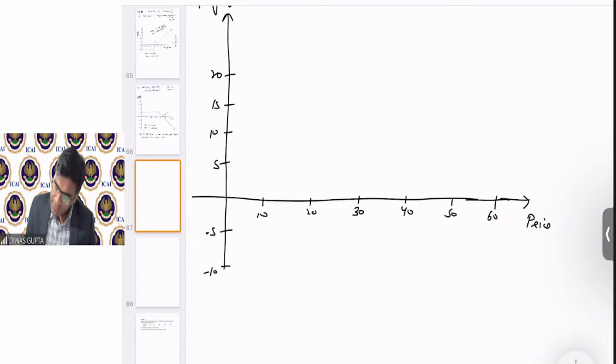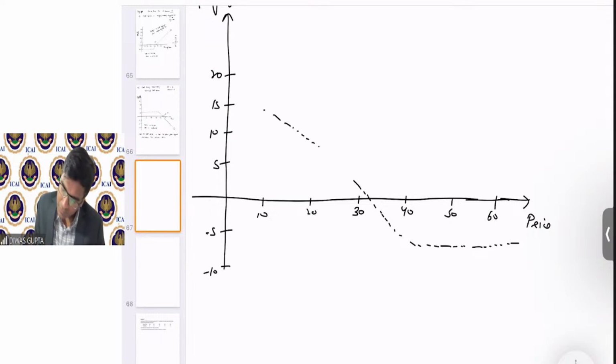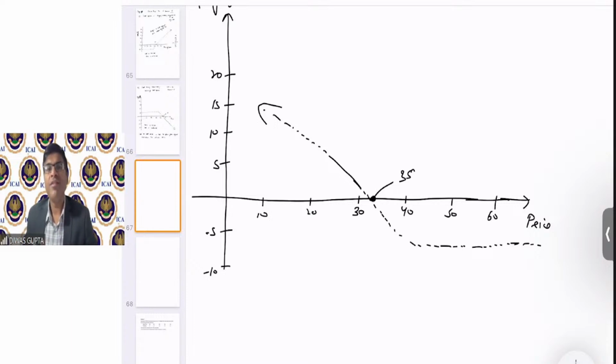So again it will meet at 35, correct? Because at 35, the payoff, the net gain or loss, will be zero, right?